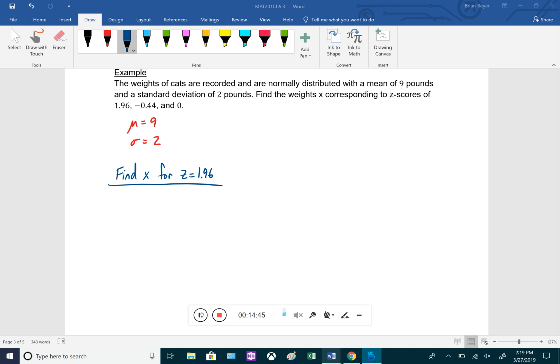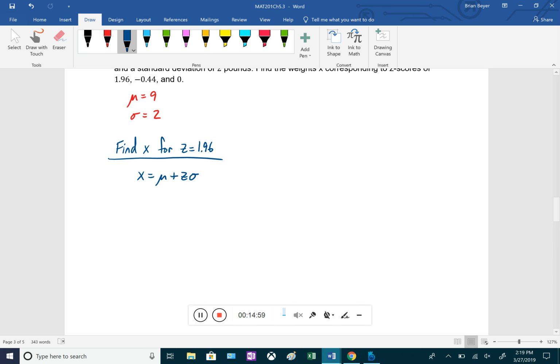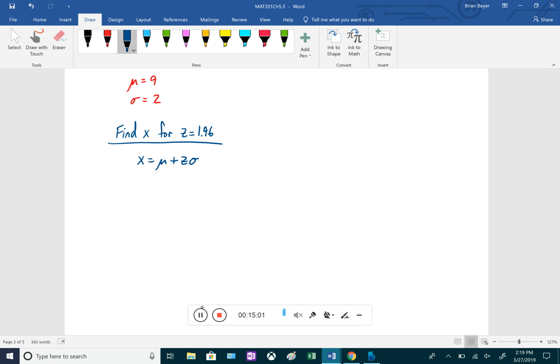What we're going to be doing is using that formula that was written above, x equals mu plus z times sigma. We have mu, we have sigma, and we have z for this particular question, so we're going to plug these in. We have x equals 9 plus 1.96 times 2. When you're doing this, make sure you're doing order of operations correctly.